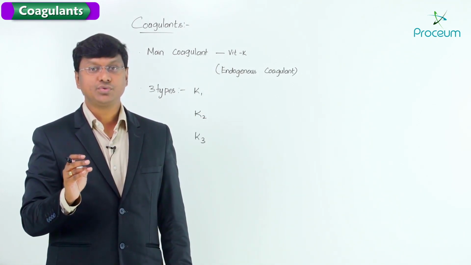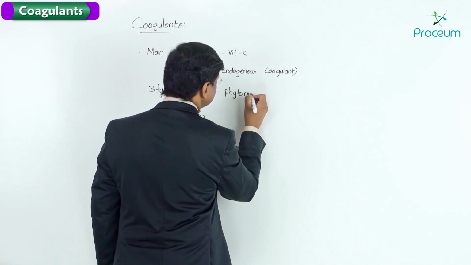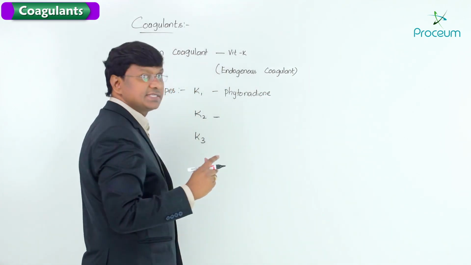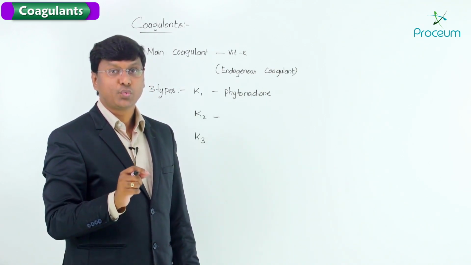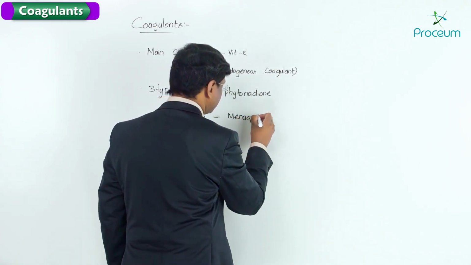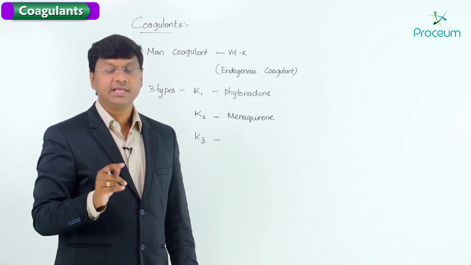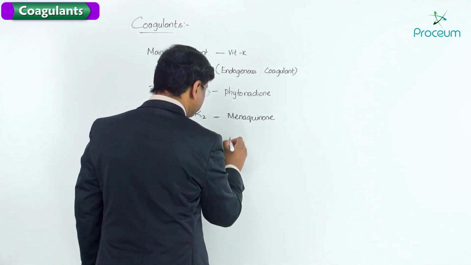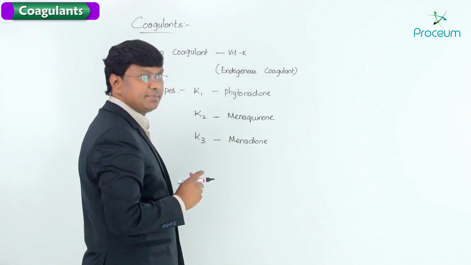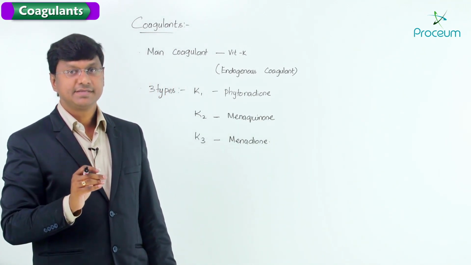K1 is phytonadione, whereas K2 is minaquinone, and K3 is minadione. So we have K1 phytonadione, K2 minaquinone, K3 that is minadione.